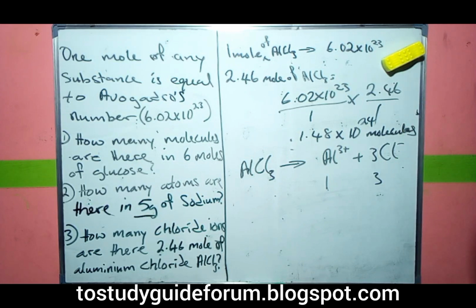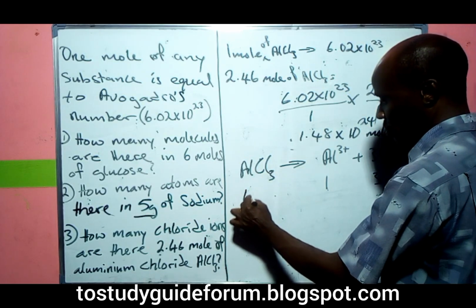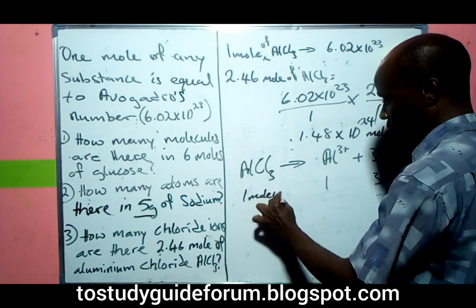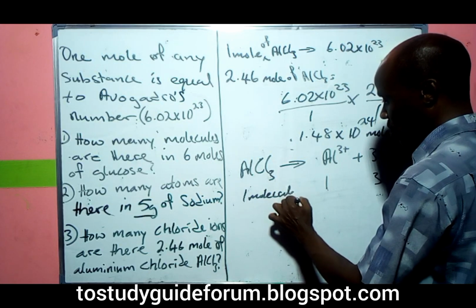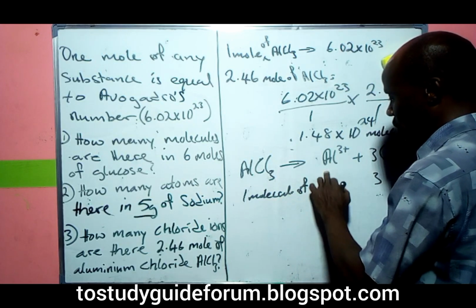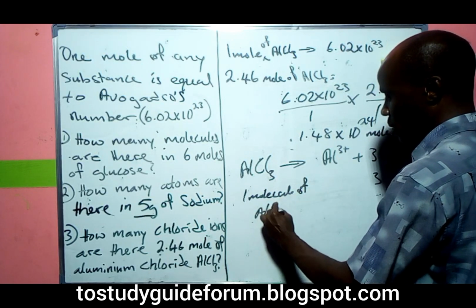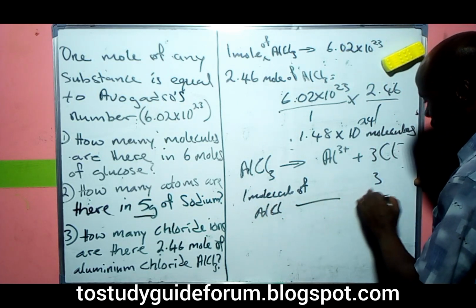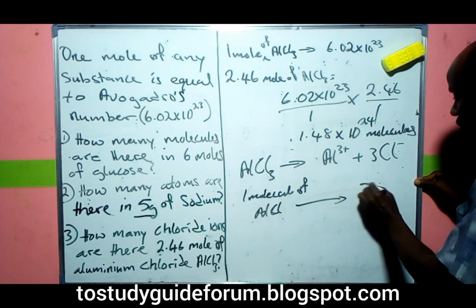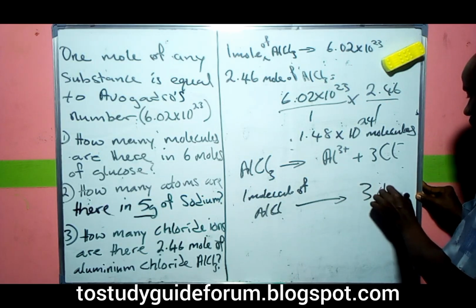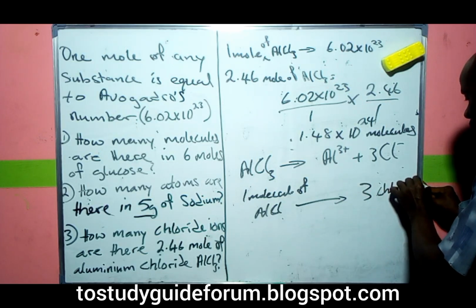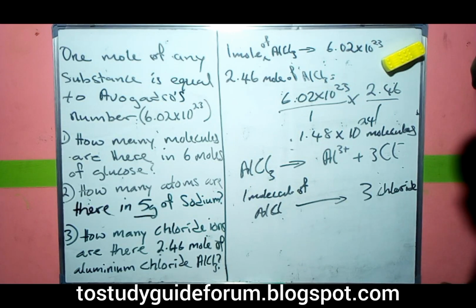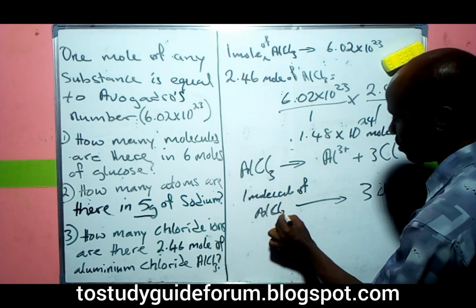Looking at it from that angle, it means that 1 molecule of aluminium compound will give us 3 chloride ions. It will contain 3 chloride ions.